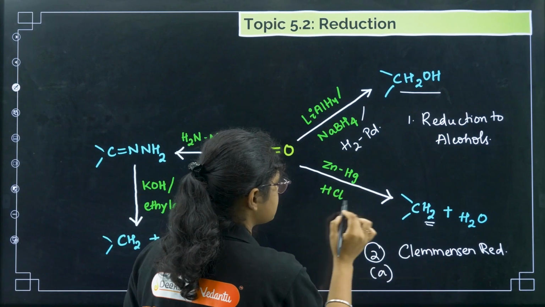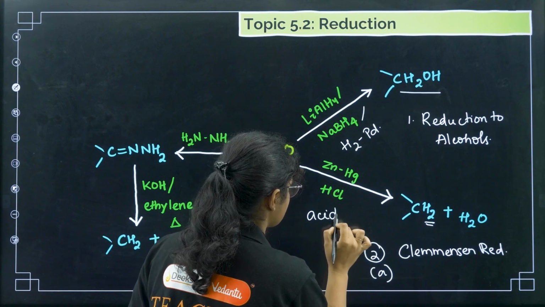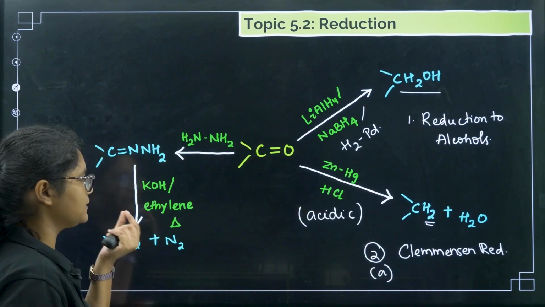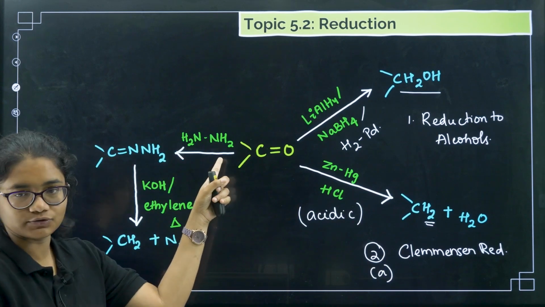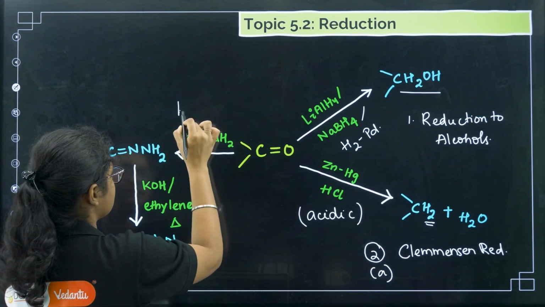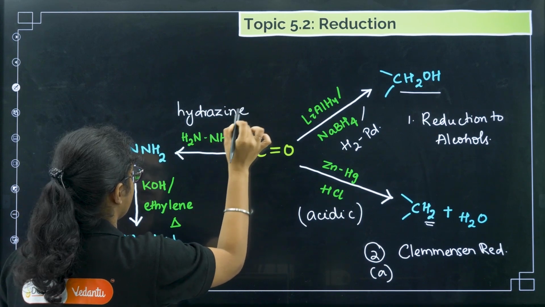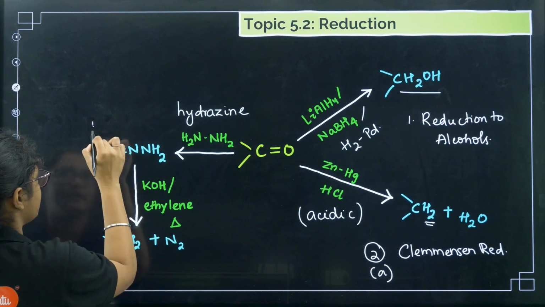Now you can remember another one here, the same thing. The speciality here is that this reaction is done in acidic medium. The same thing we can also do in basic medium with the reagent NH2NH2. What is this NH2NH2? As we have seen, this is called hydrazine, and the product we get is hydrazone.